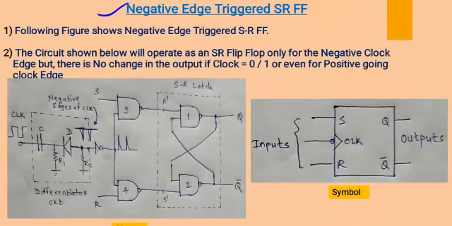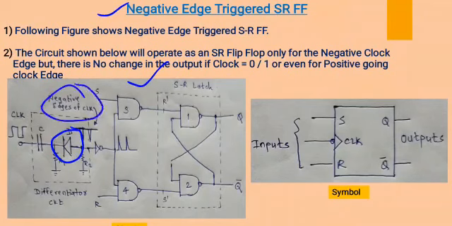Now this is the negative edge triggered SR flip-flop. Next, the circuit diagram is shown over here. The circuit diagram is similar, only the direction of the diode is reversed so that the negative edges of the clock pulse can be sensed by the detector circuit, which will give negative edges of the clock pulses, and we are going to convert the negative edges into positive edges so that both the NAND gates will get a logic 1 input.